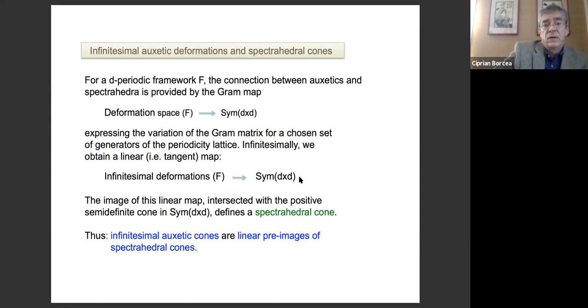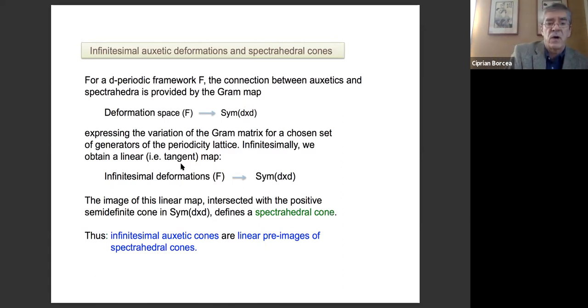They all belong to the linear pre-image of this cone, and in semi-definite programming, this is called a spectrahedral cone. So a linear section of the positive semi-definite cone is called a spectrahedral cone.